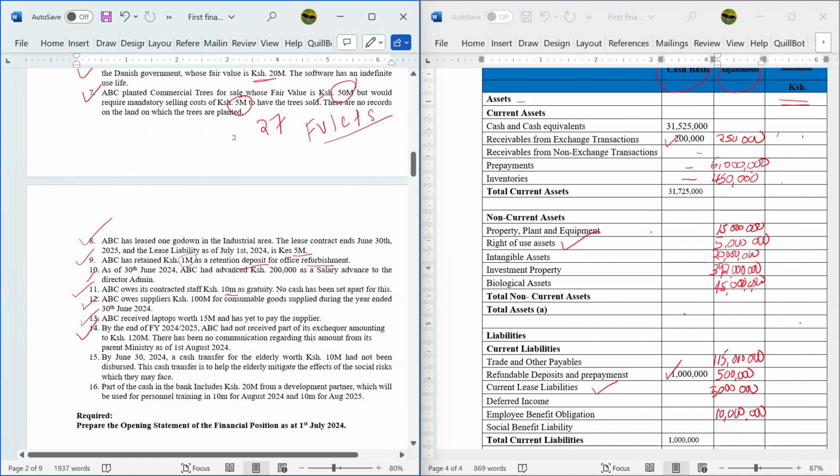By the end of the financial year 24-25, ABC had not yet received part of its exchequer. Under IPSAS 47, there are binding arrangements, whereby you can enforce an agreement through legal means or something equivalent.